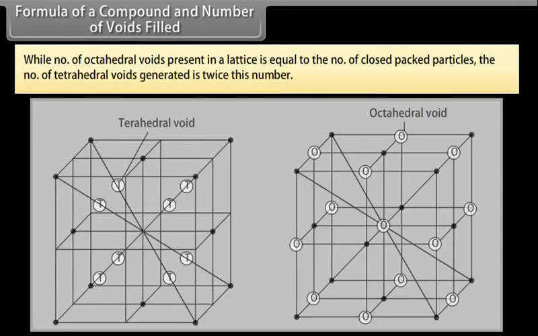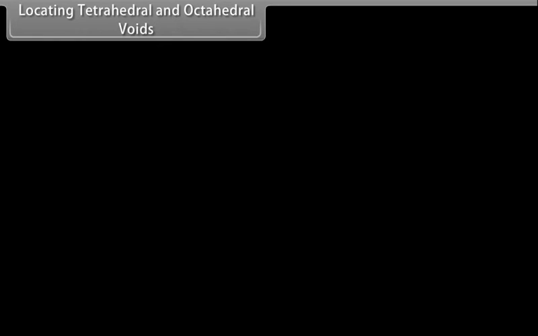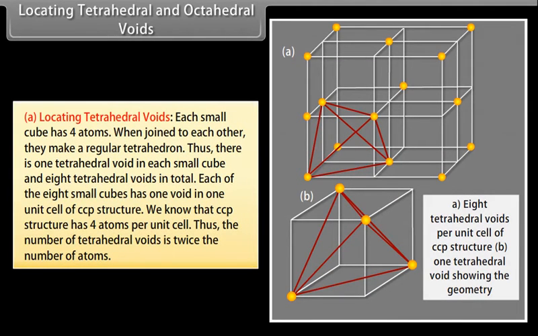Formula of a compound and number of voids filled. While the number of octahedral voids present in a lattice is equal to the number of close-packed particles, the number of tetrahedral voids generated is twice this number. Locating tetrahedral and octahedral voids. Locating tetrahedral voids. Each small cube has 4 atoms.